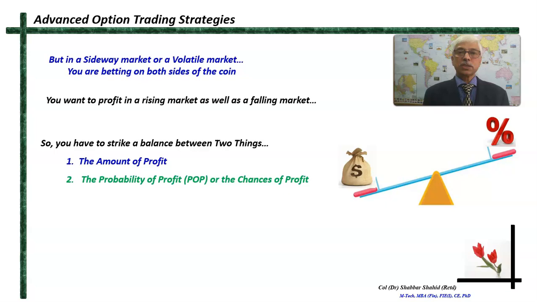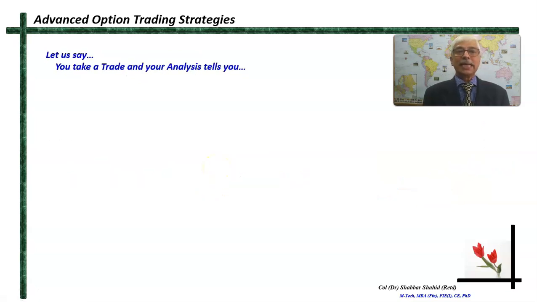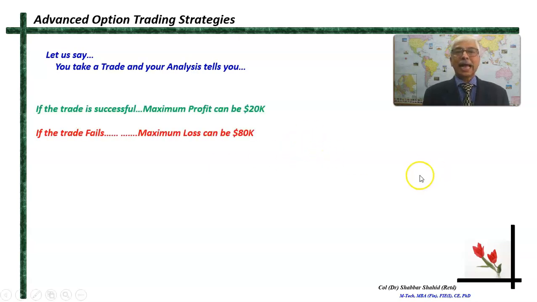Balance among what? Balance between the amount of profit and the probability of profit, or the POP, or the chances of getting that profit. What does it mean? What do I mean when we say this? Let us say that you take a trade and your analysis is telling you that if the trade becomes successful, the maximum profit that you can get is 20,000.